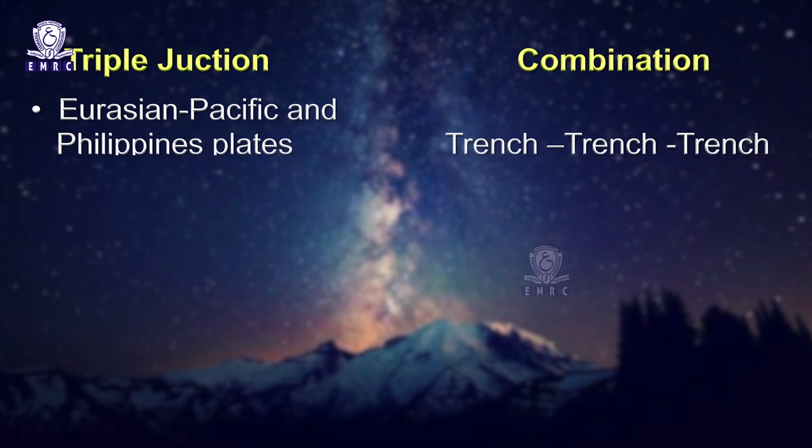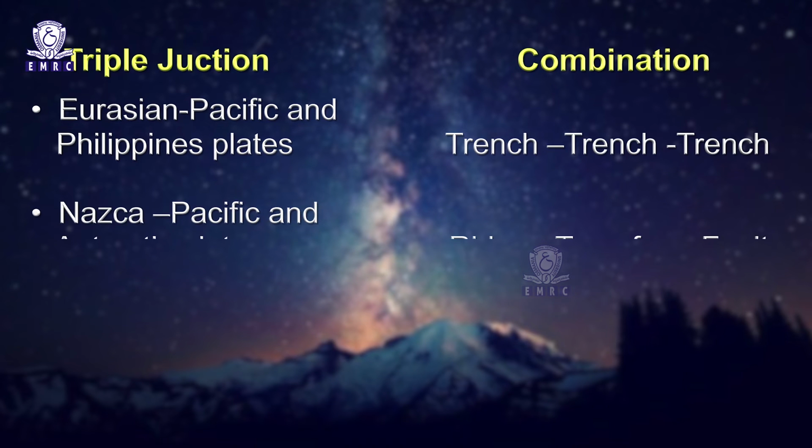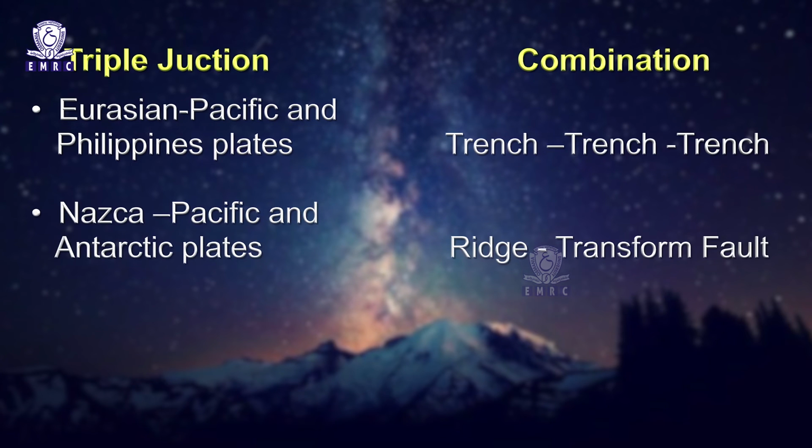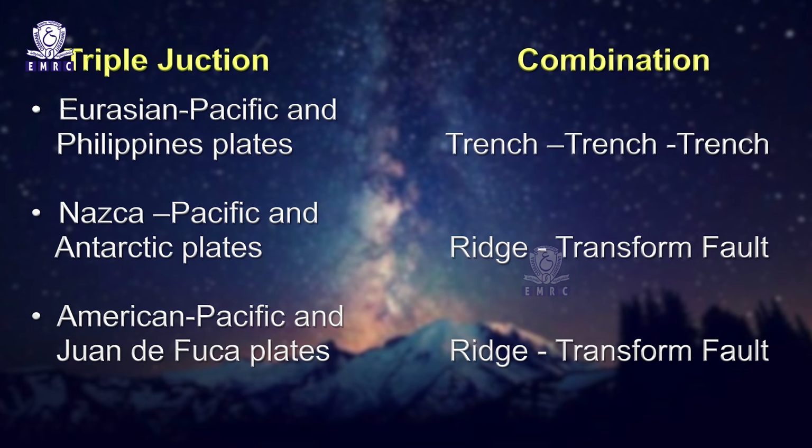For example, the triple junction of Eurasian, Pacific and Philippine plates is a trench combination. Nazca, Pacific and Antarctic plates is a combination of ridge and transform fault. American, Pacific and Juan de Fuca plates is the combination of ridge and transform fault.